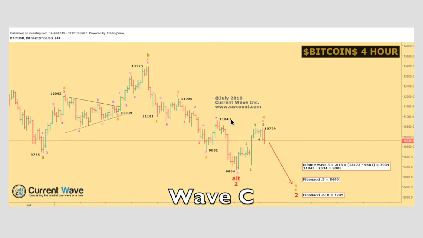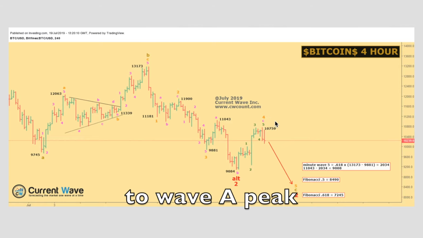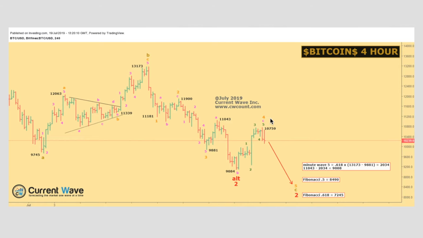Remember, in a flat pattern, usually the C wave gets close to the peak of wave A, or within less or a little more, but not too much above the 11,043 level. So this was obviously lacking about 250 or 300 points here. So we were kind of worried that it didn't have the right look.